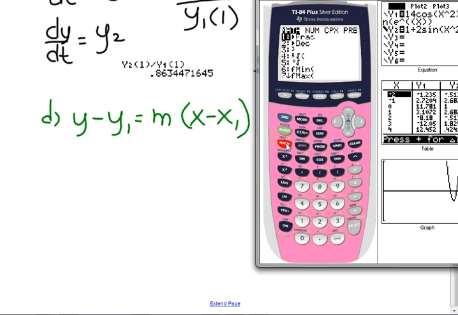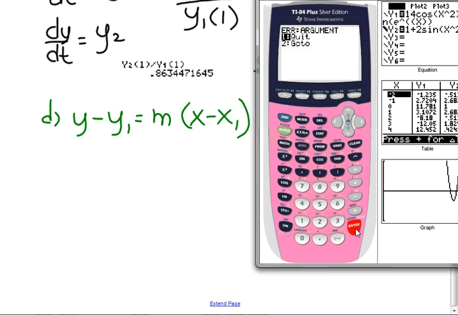So I'm going to go math 9, and this was in y1, no, y2. We'll find out. I'll get the same answer. Comma, x, comma, 1.